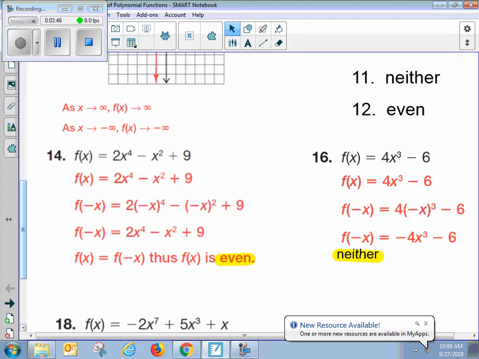So now let's talk about odd. You go in and you replace all your x's with negative x, and then you do your math, and then after you do that, what has to happen? All the signs need to be what? Opposite. But when you had one like 16, did you know it was neither without any work? What do you see?